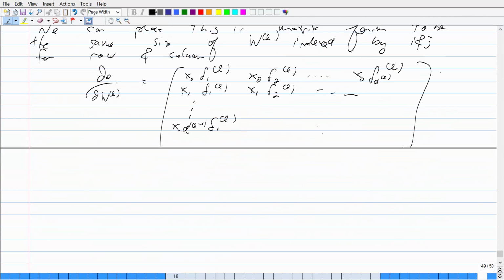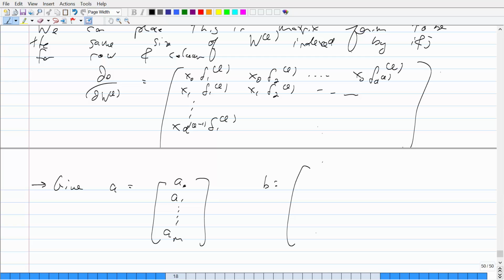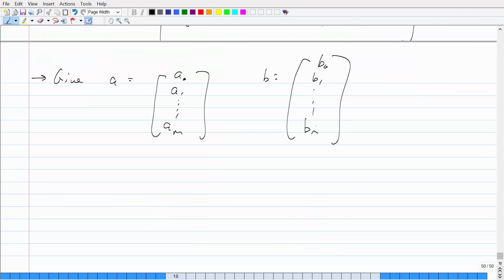What you can do here is represent this matrix as the outer product of two vectors. Given, let's say, A0, A1, up to M, and let's call this B0, B1, up to N. If I took A and multiplied it by B transpose, this is what's known as the outer product, or the dyadic product.